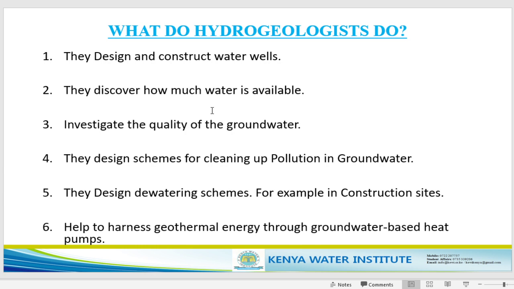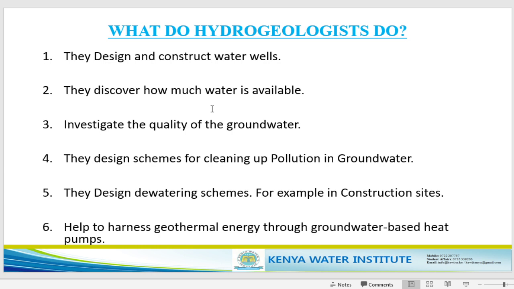They will have to discover, is the water sustainable without destroying the ecosystem, without destroying the base flow? Is it sustainable for exploration? And how much water should be explored or should be drawn from that specific aquifer?